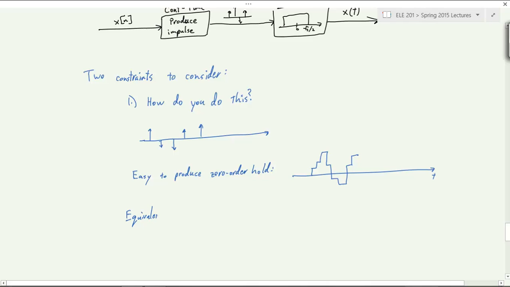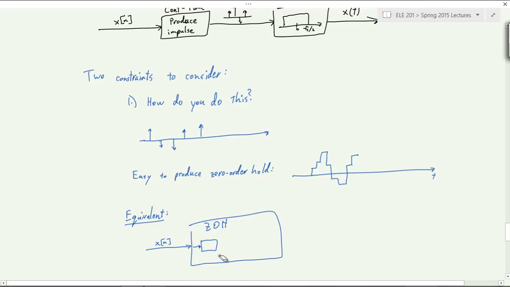So let's look at an equivalent way of viewing the zero-order hold. So x[n] comes in, and our zero-order hold, I'm going to write a big box here, we can think of as two parts. It would be equivalent if we did this in two parts, which we're not really going to do.